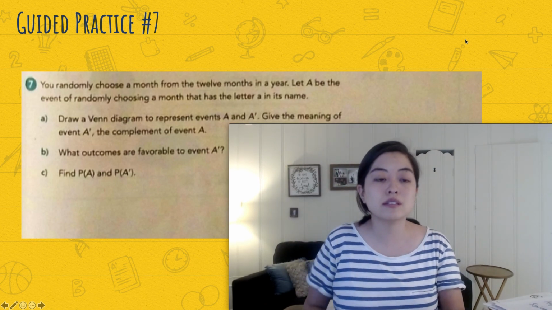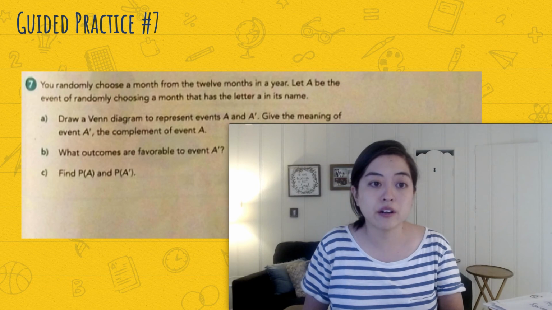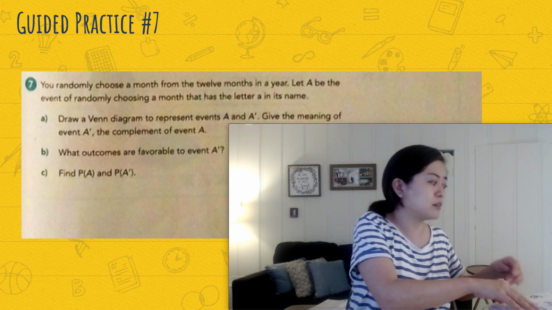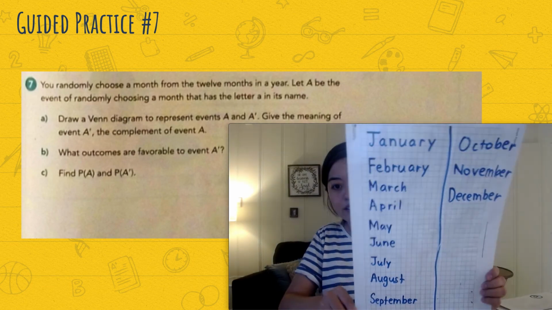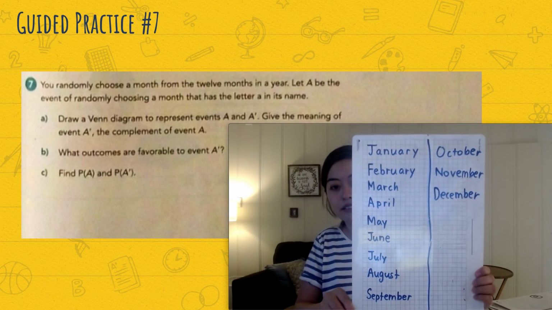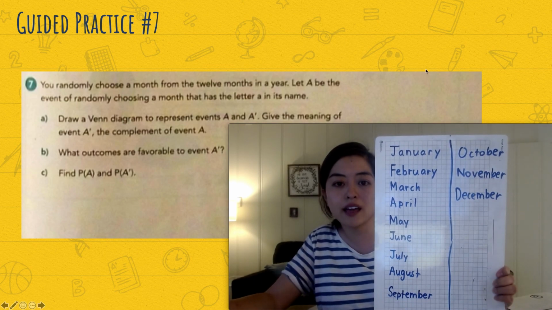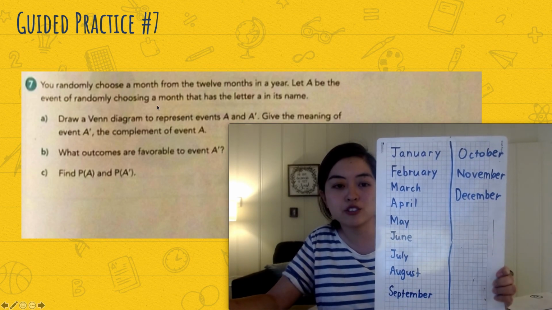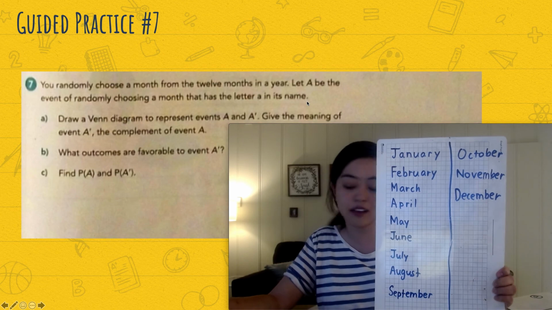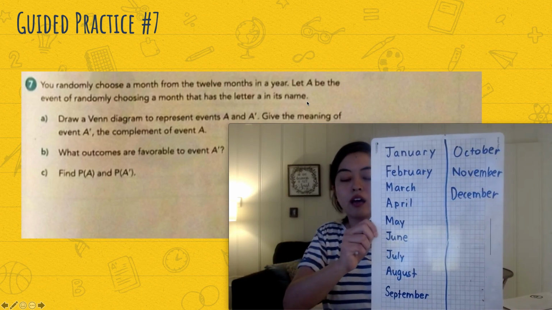Okay, so it says that you randomly choose a month from the 12 months in a year. So what are the 12 months? Well, I wrote it out like this. You can see these are the 12 months. And then it says, let A be the event of randomly choosing a month that has the letter A in its name. So let's see.